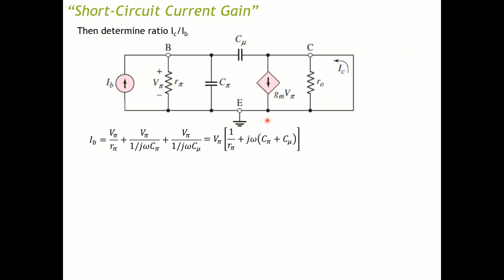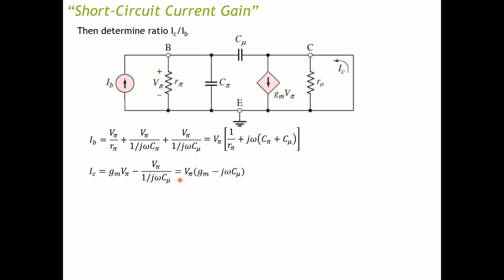Next, apply Kirchhoff's current law around the output node. You have IC equal to gm V pi, not this, but this one, plus C mu V pi over 1 over j omega C mu, minus. Now with this you want to factor out V pi.